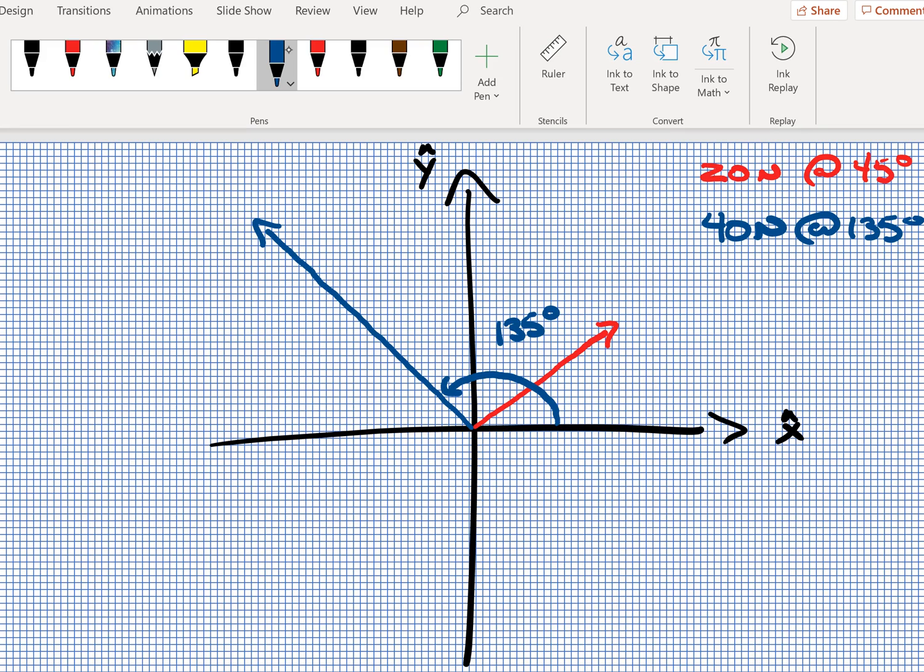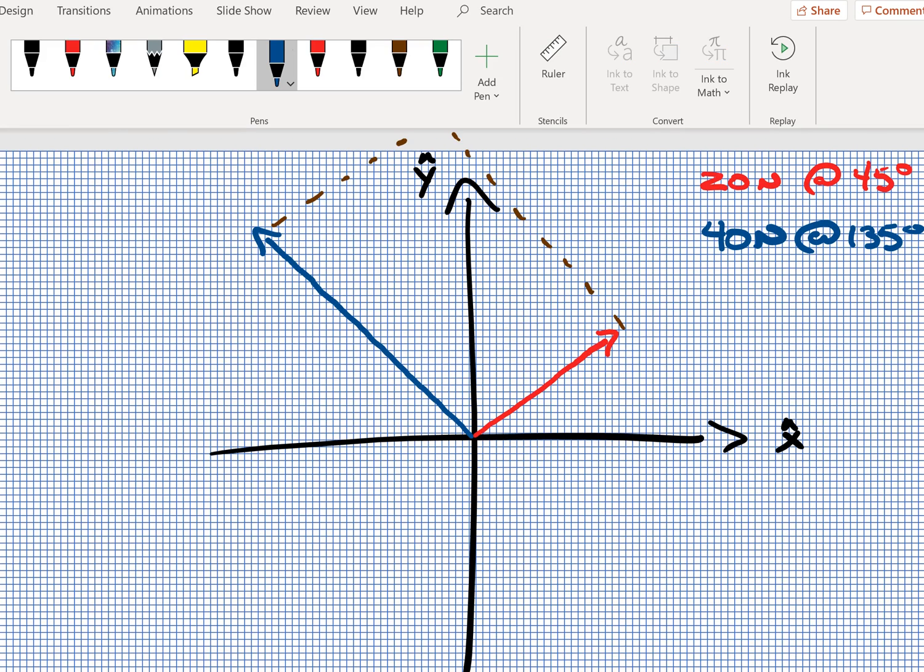Now for the parallelogram method, what we do next is we construct a parallelogram. And we do so by completing the square here, just as we would if we were drawing a geometric shape. The resultant vector is found by essentially finding the diagonal of the parallelogram, as you see drawn in green here.